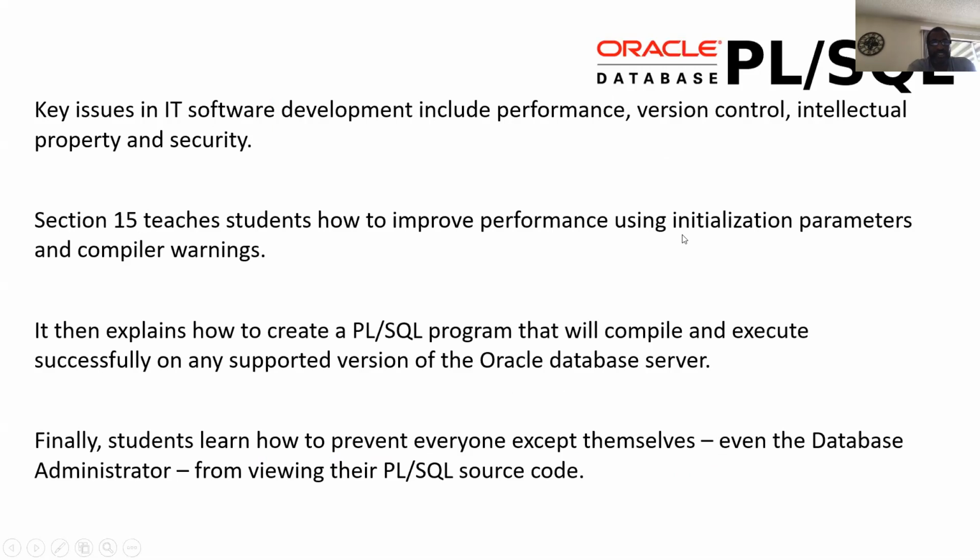So in this section, we're going to look at performance improvement, including what's known as initial parameters in the compiler and compiler warnings. I'll let you know what these parameters are. They're essentially system parameters, and you can actually control some things in Oracle as far as performance by modifying the criteria of these parameters.